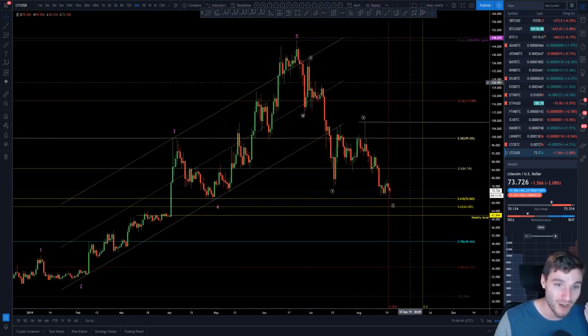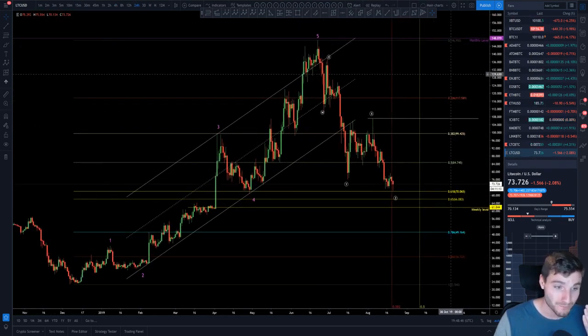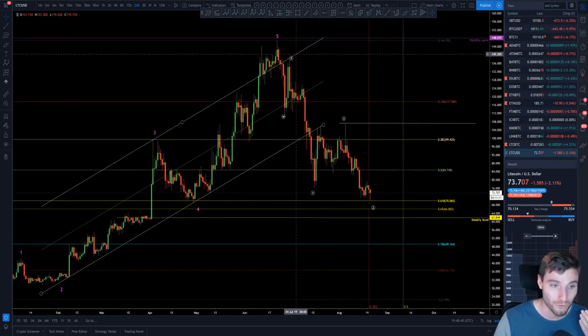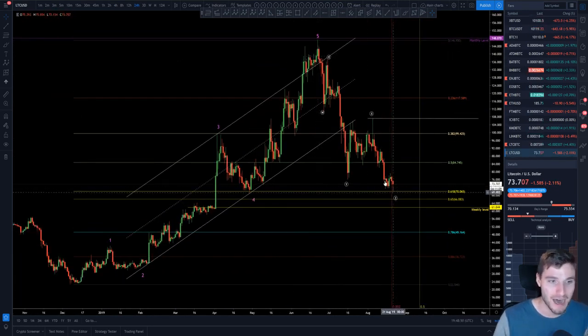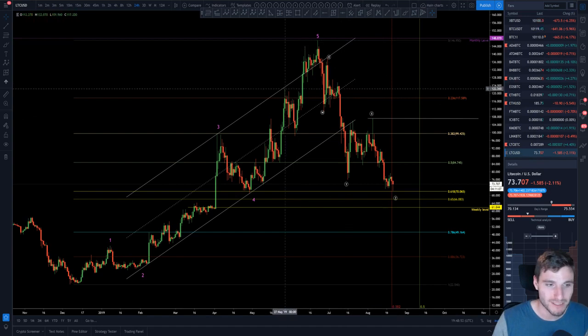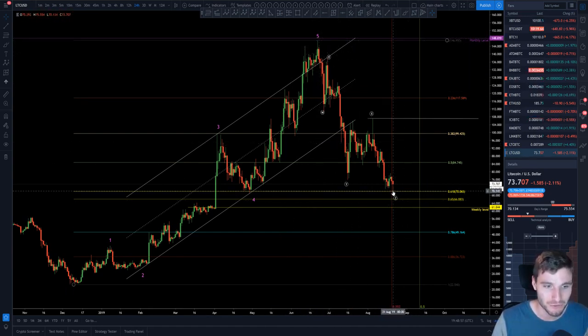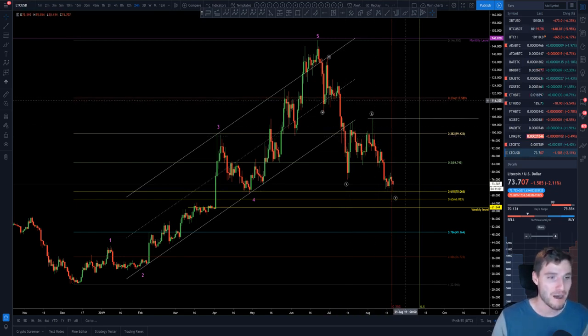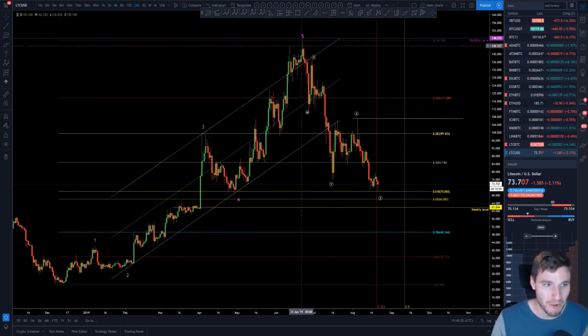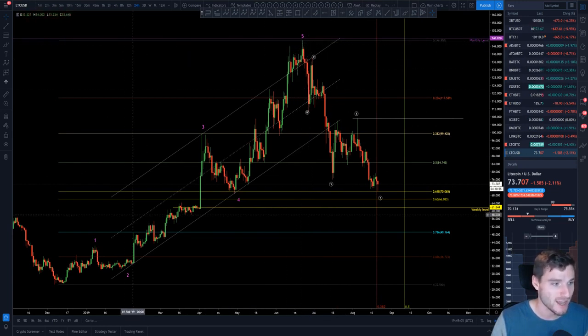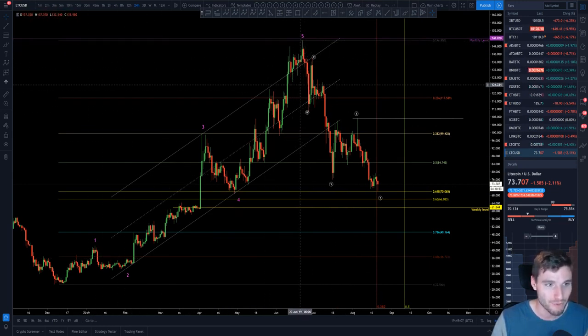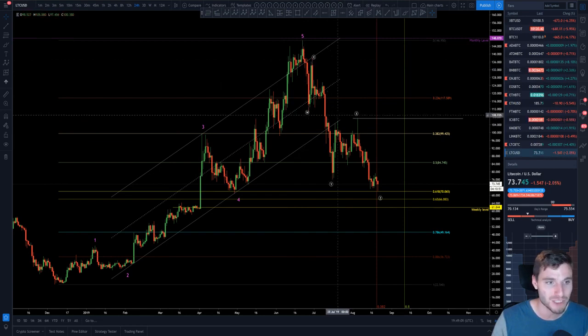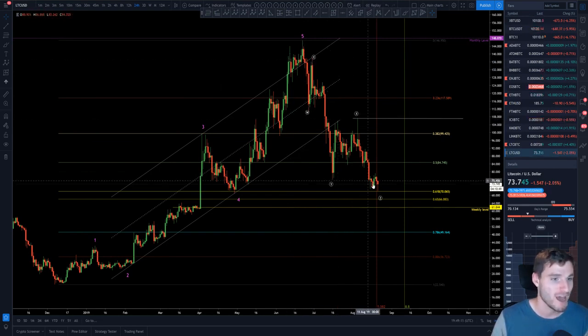It topped out at 146. So I've been playing this short for a long time, and I've been closing. It's not as if I held this one short all the way down, because I didn't. But nevertheless, I've been really spot on, if I'm honest, with this coin. It channeled so nicely. We had the throw over, we then lost it, we then back tested, and it was absolutely perfect.